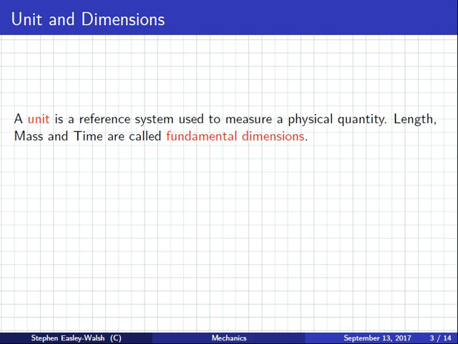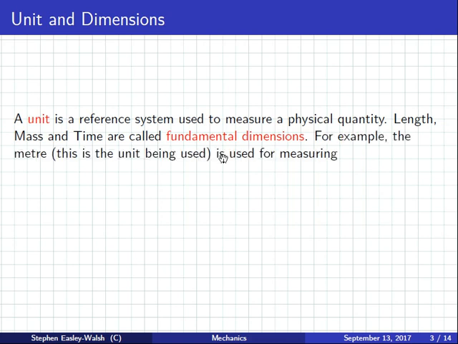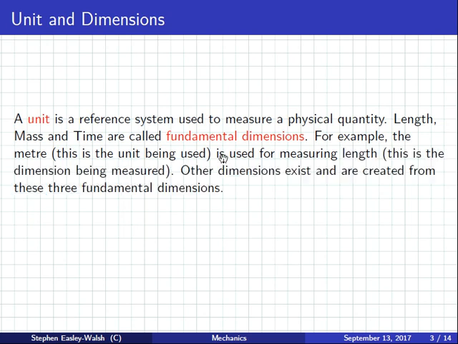In fact, with these three basic dimensions, you can make other dimensions. The meter is used for measuring length. And other dimensions you can make, for example, area is length squared.